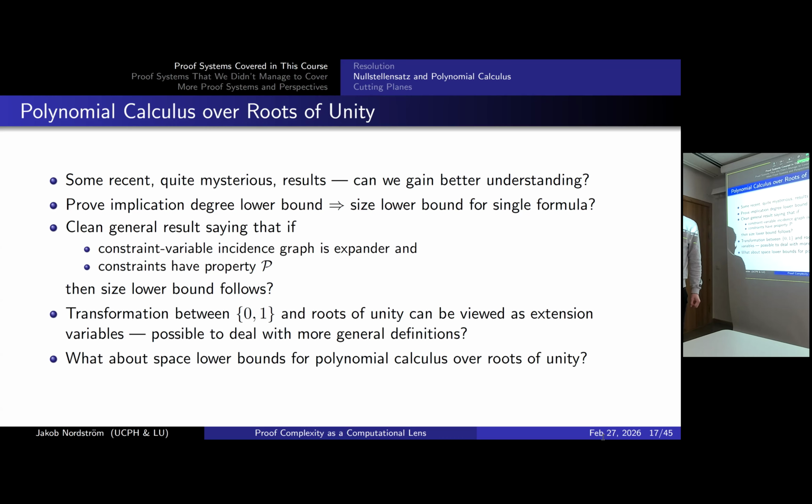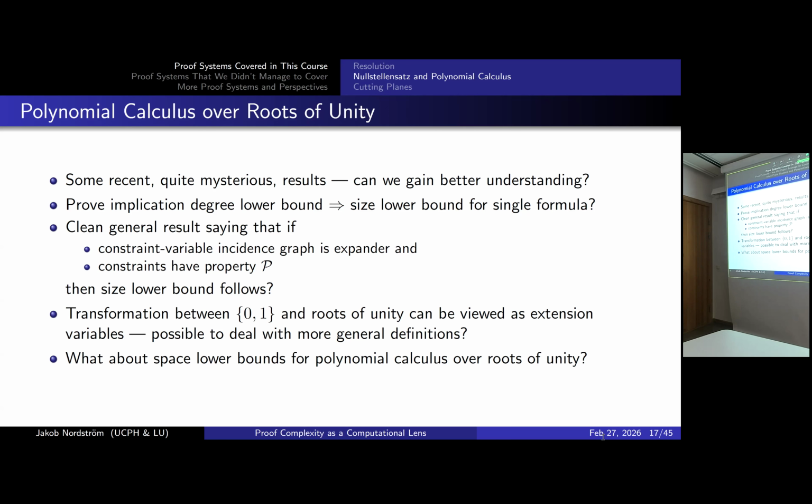polynomial calculus over roots of unity. One thing that one can also note is that actually one way of viewing the transition from 0, 1 to roots of unity is you can do this by introducing extension variables. So you can actually let polynomial calculus work in both bases at the same time.